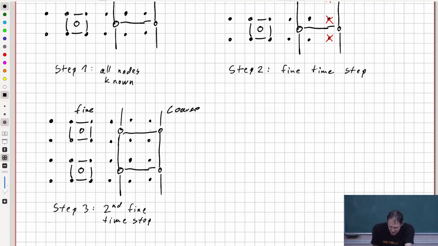So they are already gone, right? When they are gone in the previous time step, then these here have after this time step no more neighbor. So they become invalid too. So now we've lost all these nodes here.